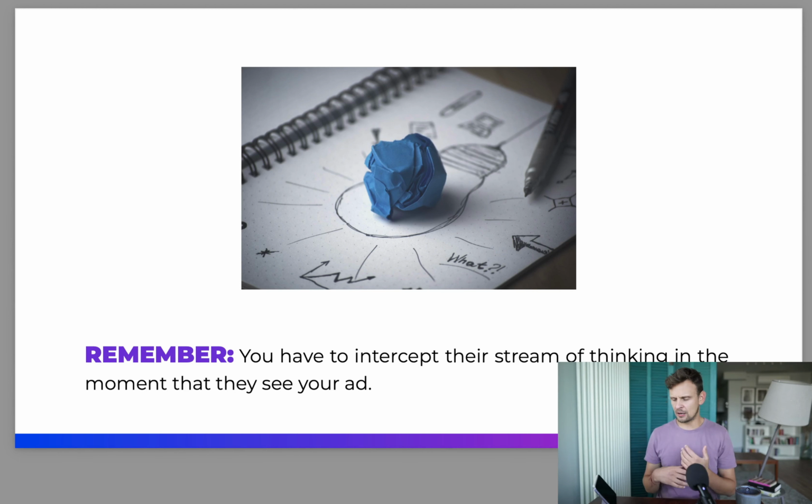They're thinking about their job, their worries, children, family, whatever issues they're having at any given time. And your ad, your sales copy, your video has to speak to them in that particular moment. If you have used the right phrasing, the right words, the right positioning, they will be interested and they will stay. They will click, and most likely they will become your client.